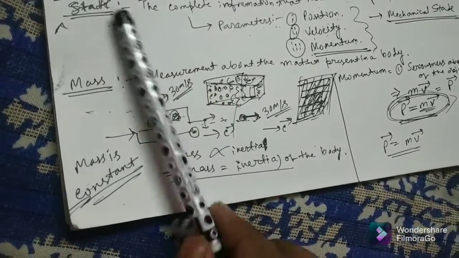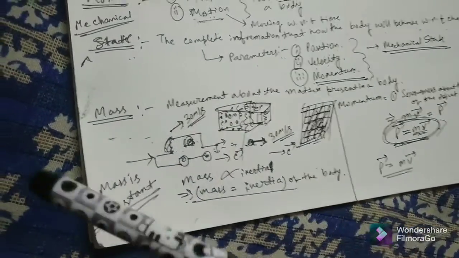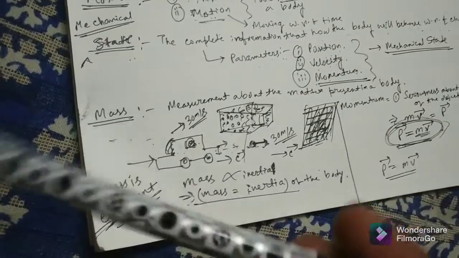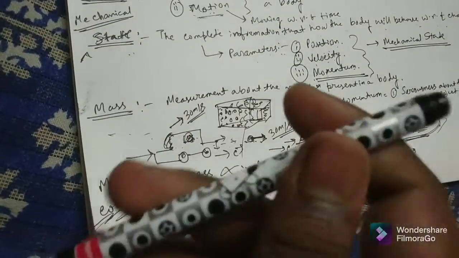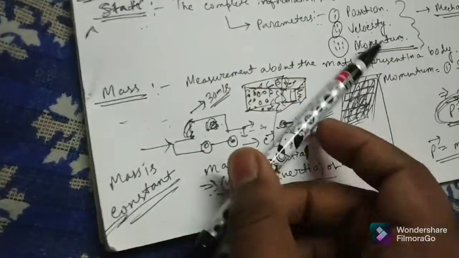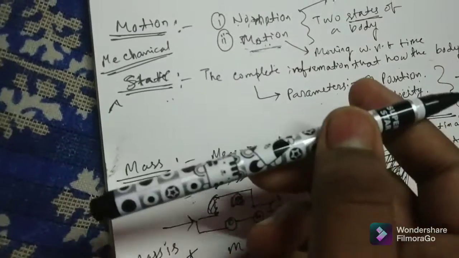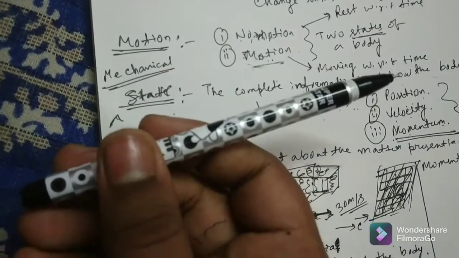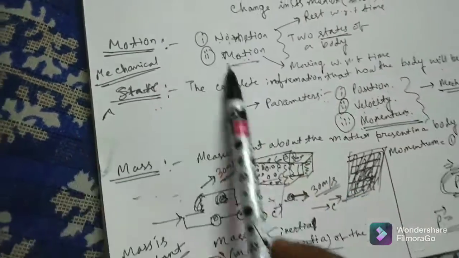Ignoring environmental changes or changes in atmospheric parameters, we can easily say that this pen, after 2 or 3 years, will have almost constant mass.